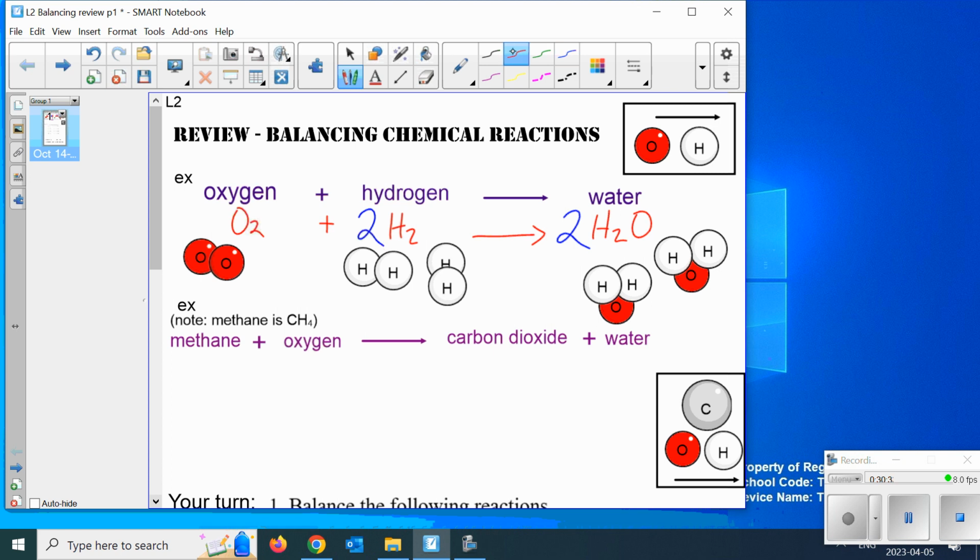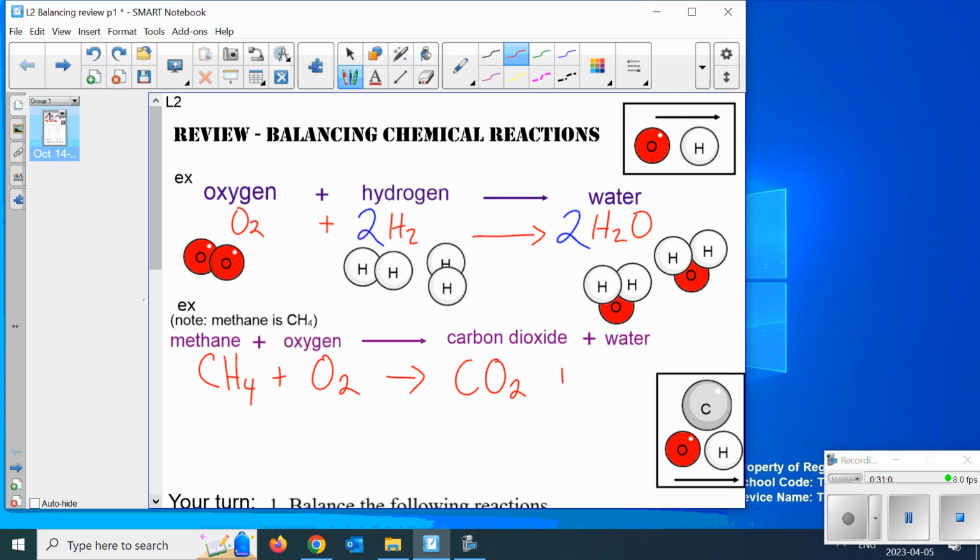The next one, I told you that we call them organic molecules when they're C's and H's. Carbon. Methane, CH4. Oxygen, we need that. We'll leave space to balance. Carbon dioxide, one carbon, because it never starts with mono.